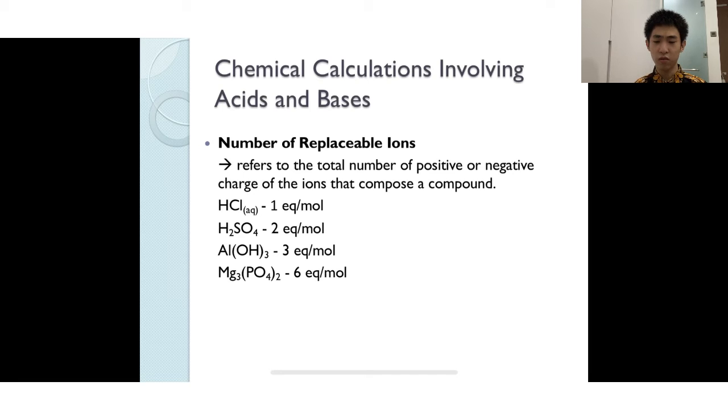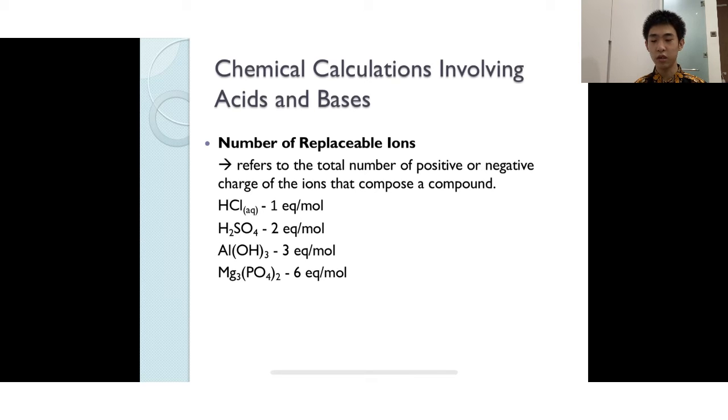So for hydrochloric acid, there is 1 hydrogen ion and 1 chloride ion. So we multiply 1 times 1 equals 1 equivalent per mole.